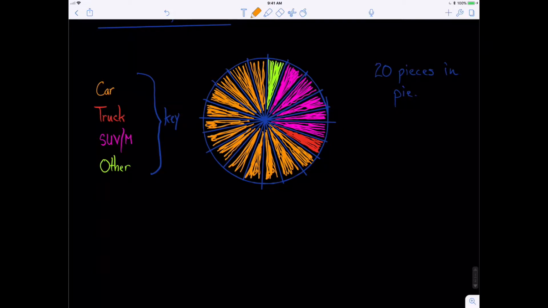If I count my orange pieces here, I have 1, 2, 3, 4, 5, 6, 7, 8, 9, 10, 11, 12, 13. So we could say that 13 of the males drive a car.